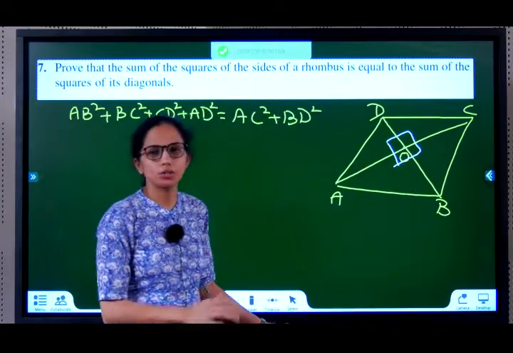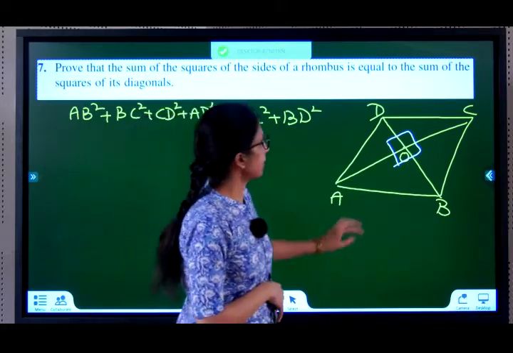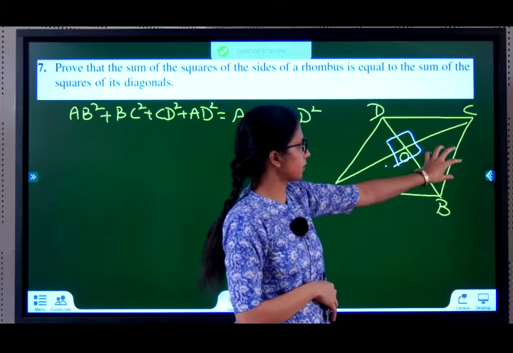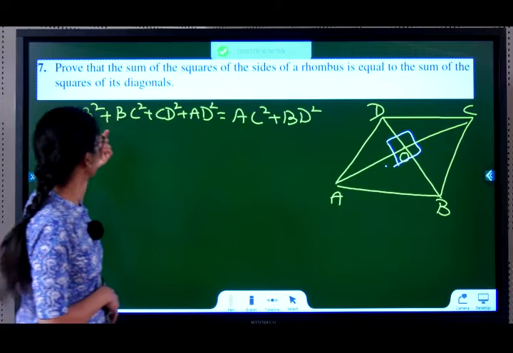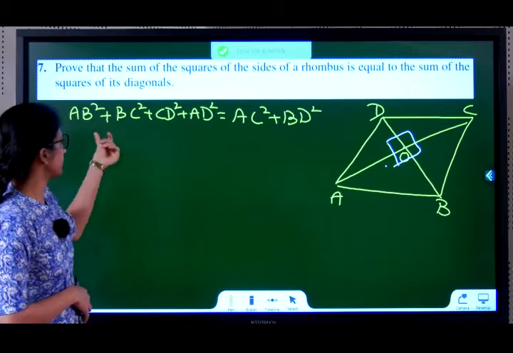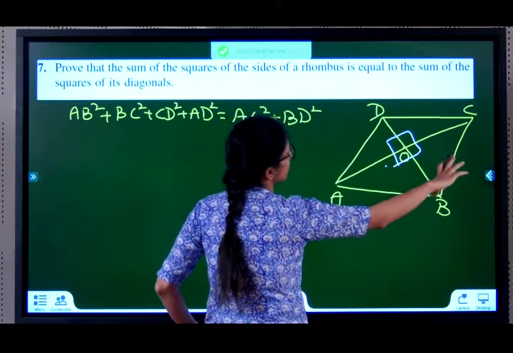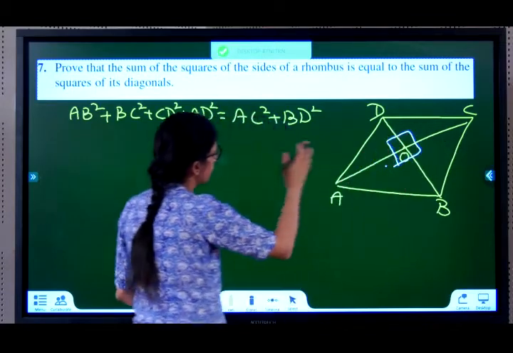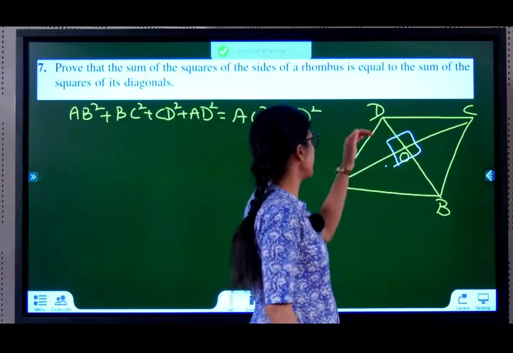There are two ways to solve this question. One very simple way, I'll tell you, you can try that on your own. Apply Pythagoras theorem in all four triangles. So, you will get AB square is equal to, for example, OA square plus OB square. BC square is equal to OB square plus OC square. Put everything here. So, you add up all AB square plus BC square plus CD square plus AD square.